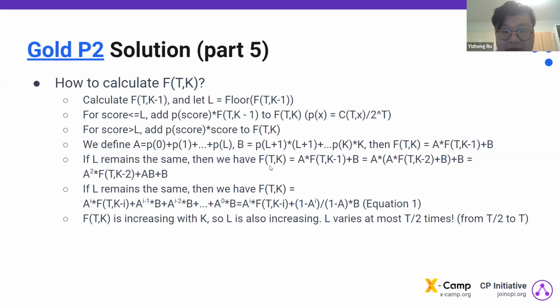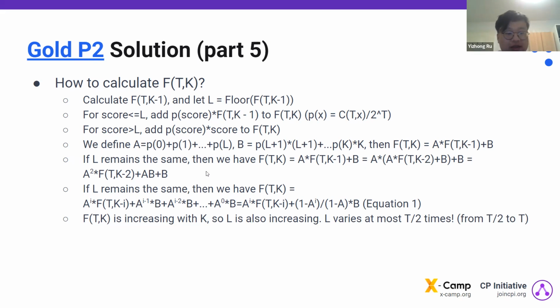Then FTK equals A times FTK minus 1 plus B, which equals A times FTK minus 2 plus B, then plus B. So the relationship between FTK and FTK minus 2 is FTK equals A squared times FTK minus 2 plus AB plus B. We just do a simple calculation, okay?